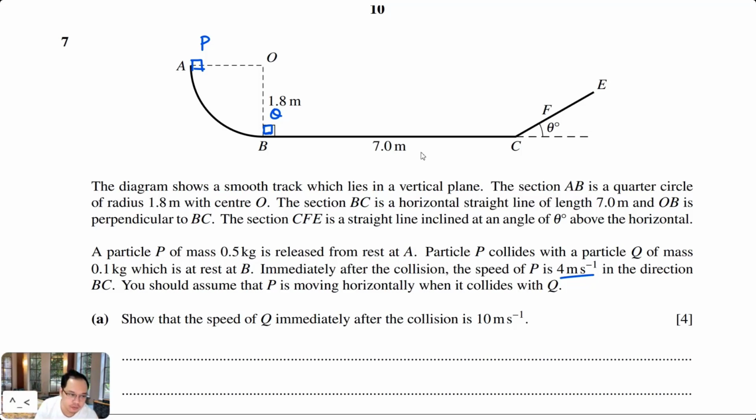Immediately after the collision, the speed of P is 4 meters per second in the direction BC.